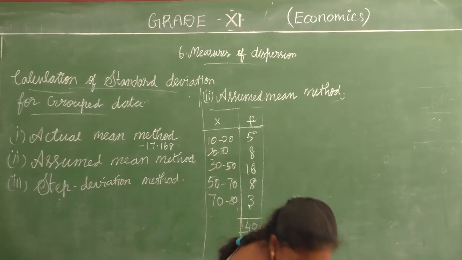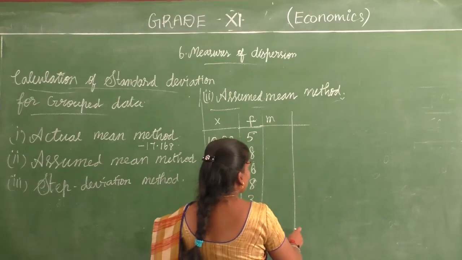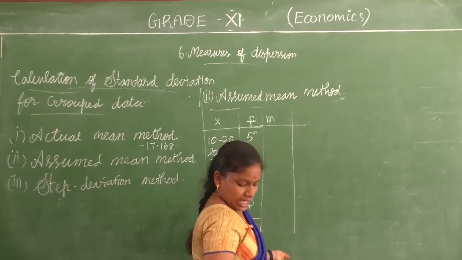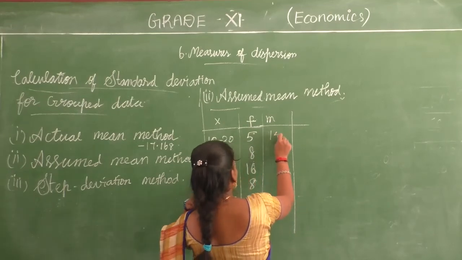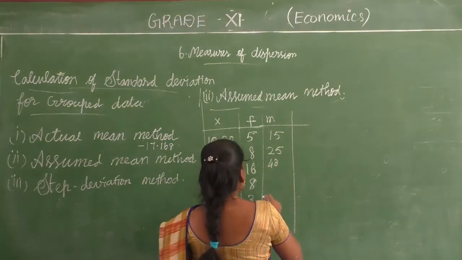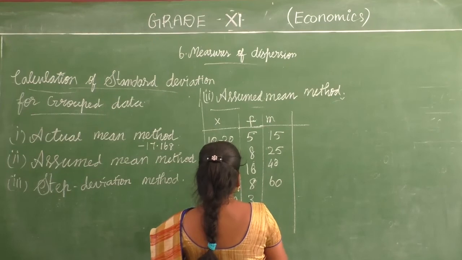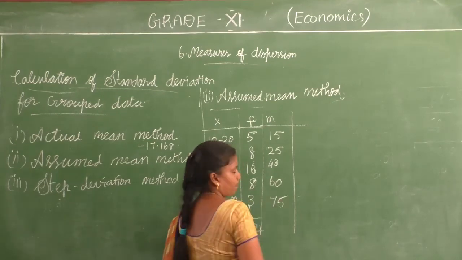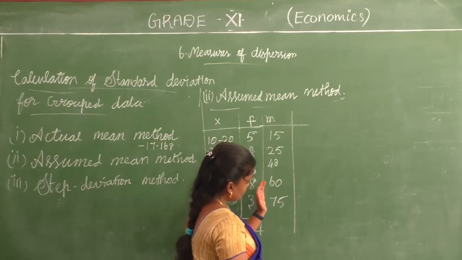Of course you need your m value, the mid values, which serve as your x values. You have 15, 25, 40, 60, 75.